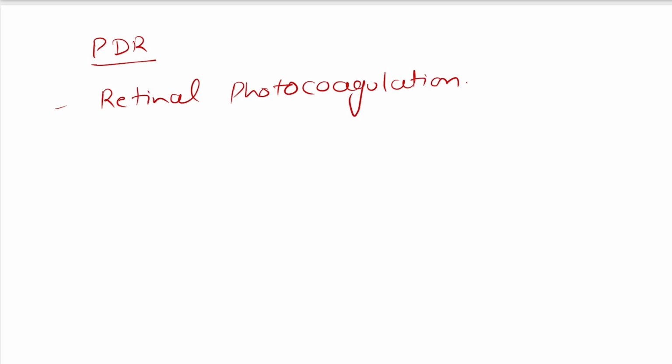In the clinical features, you will remember floaters, impaired color vision, fluctuating vision, blurred vision, right? Microaneurysms and neovascularization are very important signs. In pathology, you will remember occlusion and leakage. Due to occlusion, we have neovascularization.